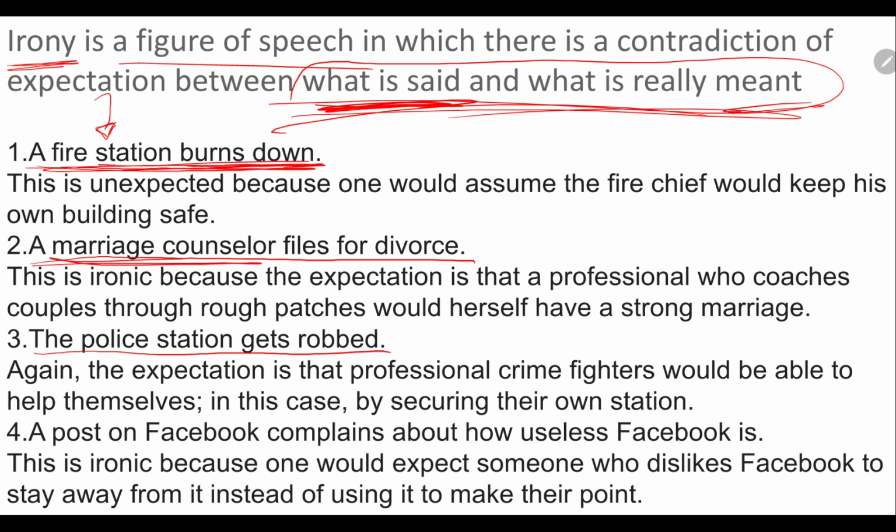A marriage counselor means someone who makes couples. Okay, someone who coaches the people, or we can say he's a professional who is patching up the couples. He's patching up the couple.